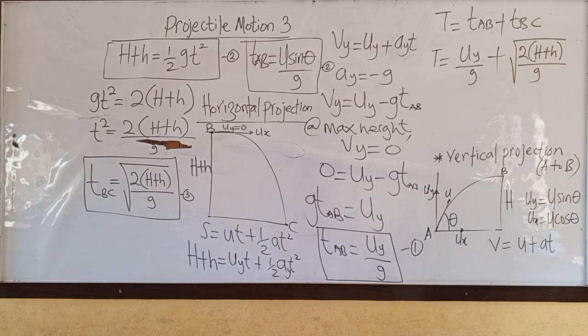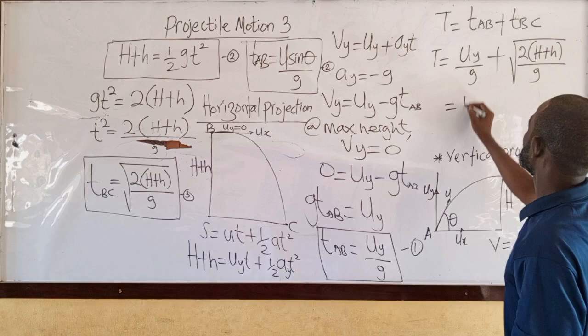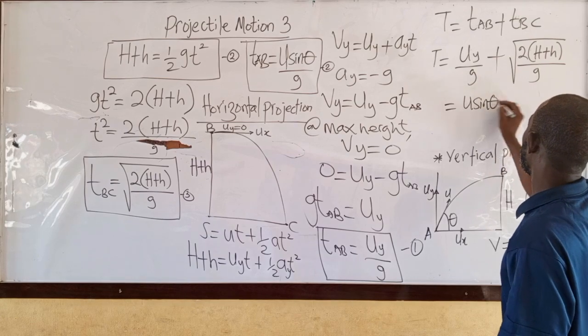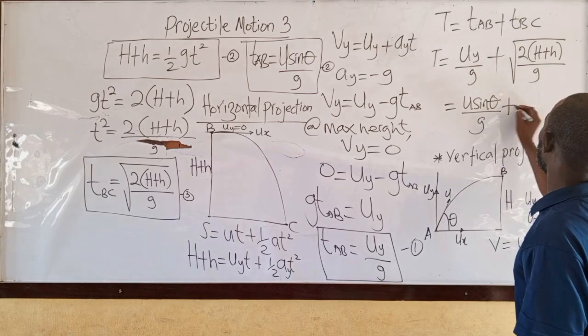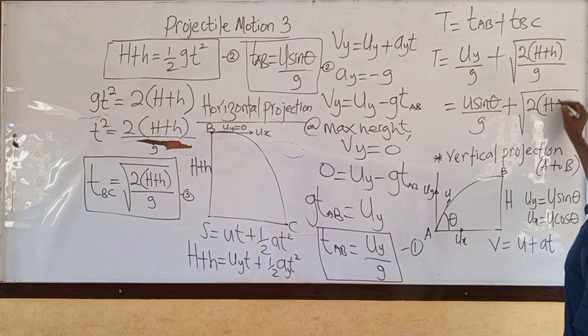You can have it like this, or you can change it to u sin theta all over g plus the root of 2 brackets H plus h all over g.